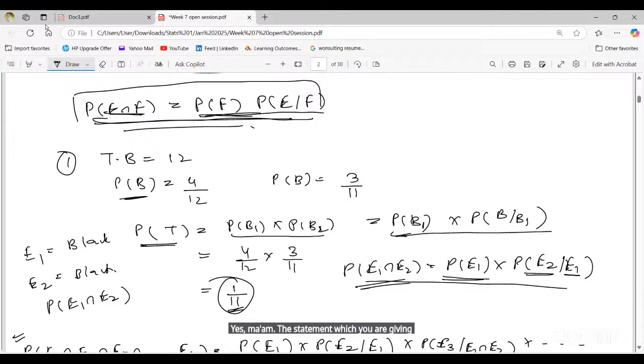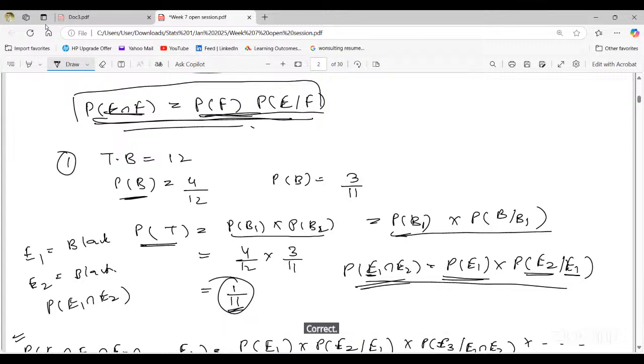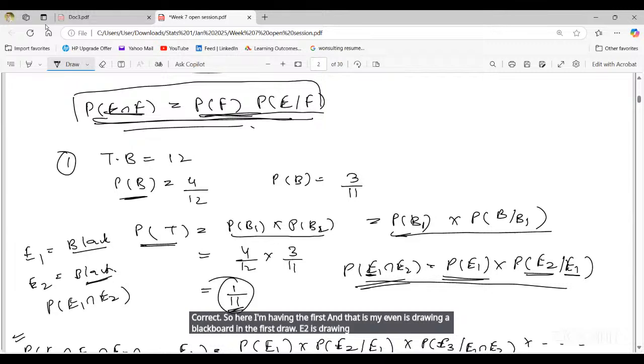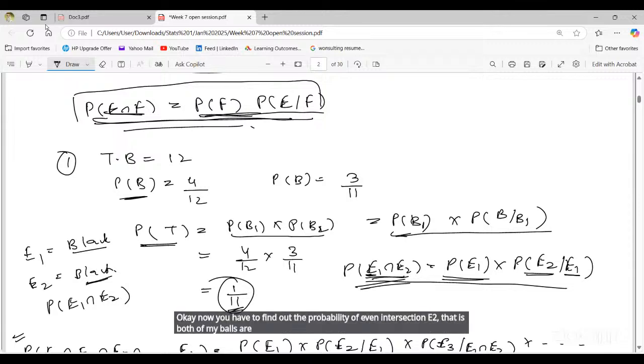Okay. So in this question, we had to find out the probability that both the balls drawn are black, correct? So here I'm having the first event, E1, drawing a black ball in the first draw. E2 is drawing a black ball in the second draw. Now I have to find the probability of E1 intersection E2, that is both of my balls are black. So it would be equal to the probability of getting a black ball in the first draw multiplied by the probability of getting a black ball in the second draw, given that I got my first black ball in the first draw.